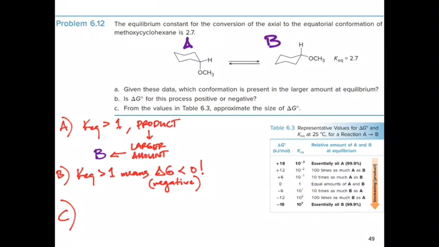So again, the delta G value will be between 0 and negative 6.